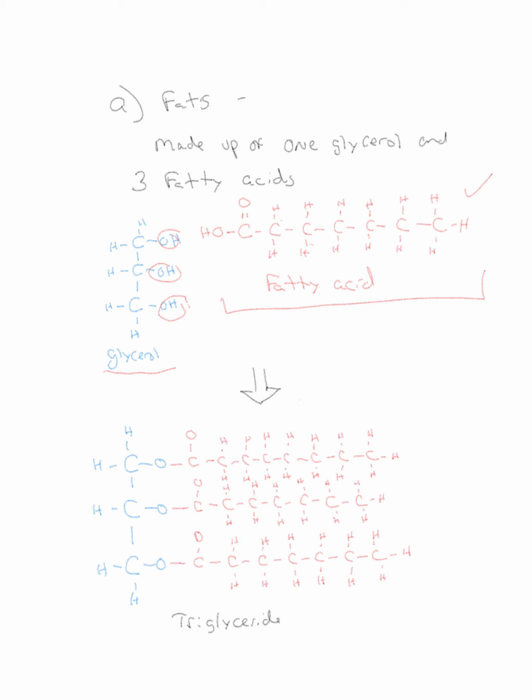If you look at the bottom, this is 1 triglyceride, a fat molecule. You can see in blue the glycerol, which is bonded to the 3 fatty acids. You'll see a lot of carbon-hydrogen bonds. That's where the energy is stored. Those carbon-hydrogen bonds are very energy rich.